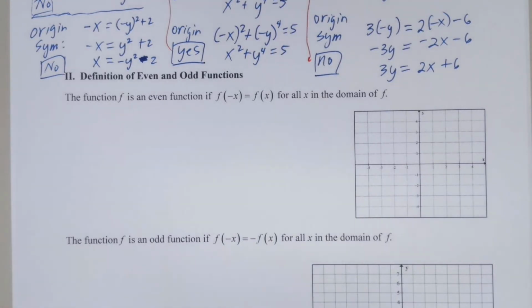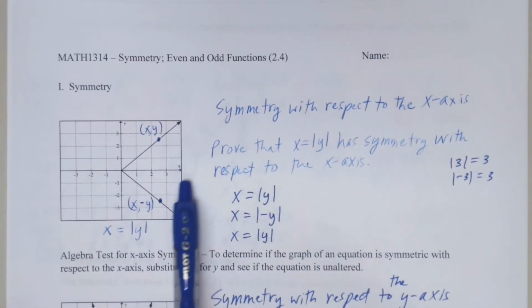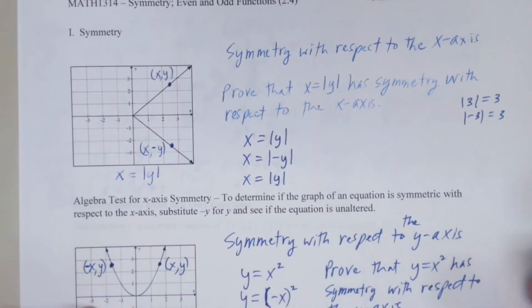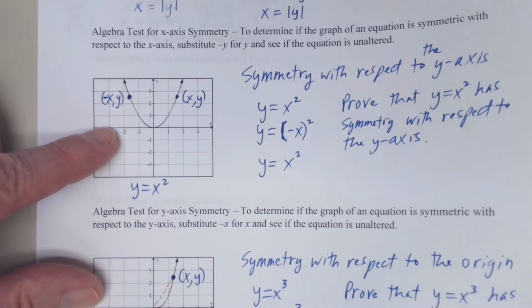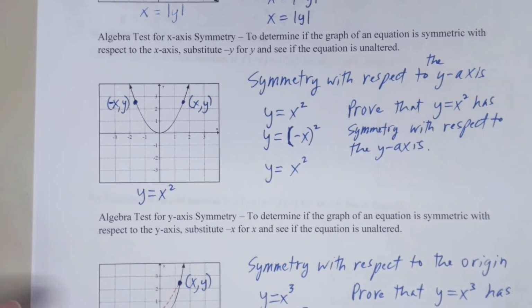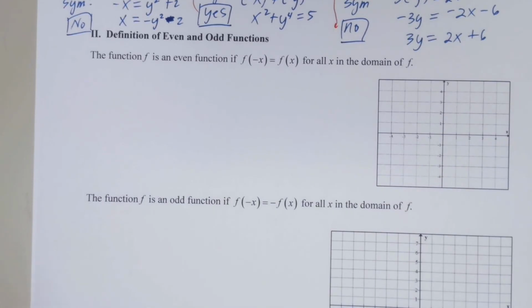And if you think back to what we looked at previously, when we have symmetry with respect to the x-axis, what we have is not a function. And so really we're going to focus in on these two cases, the last two, origin symmetry and y-axis symmetry, because those are functions.